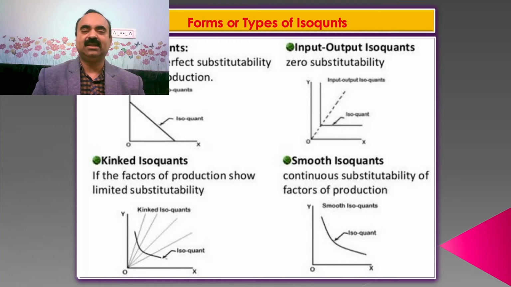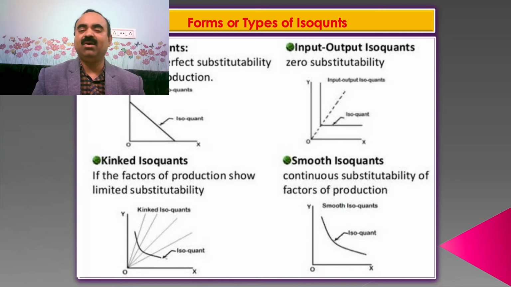Dear students, I had shown different figures of forms or types of isoquants. First figure relates to linear isoquants. It represents perfect substitutability of factors of production. You can see the linear curve sloping downwards from left to right. Second figure relates to input-output isoquants, which show zero substitutability.